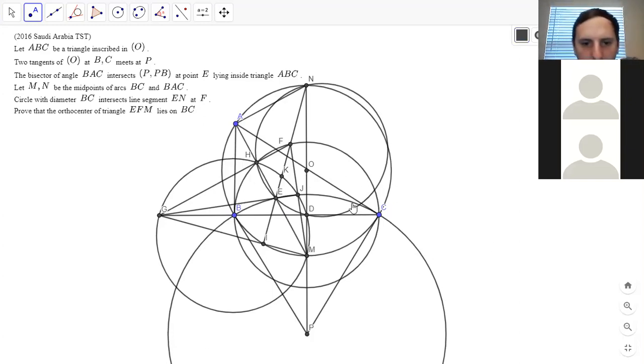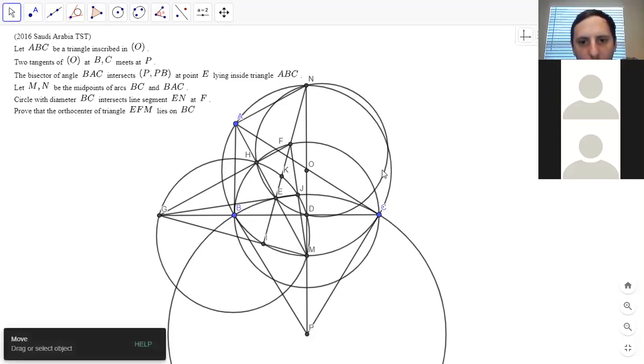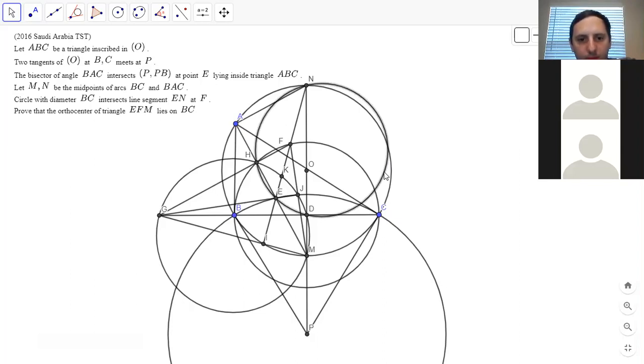Maybe that could give us some angles that will help us show that this is cyclic right here. Like I said, if we can show that angle BHM is EBM, that solves it. But EBM is EBC plus CBM. And EBC is half of EPC.